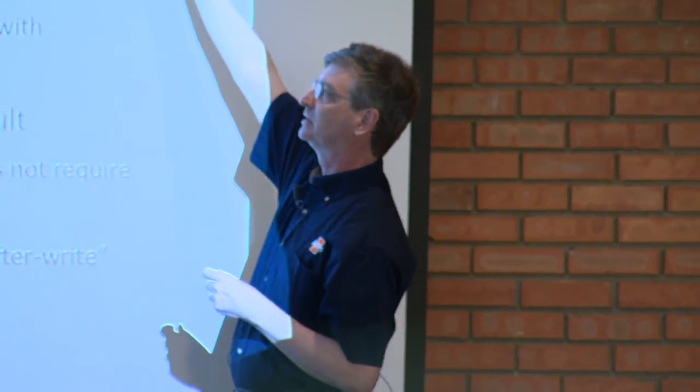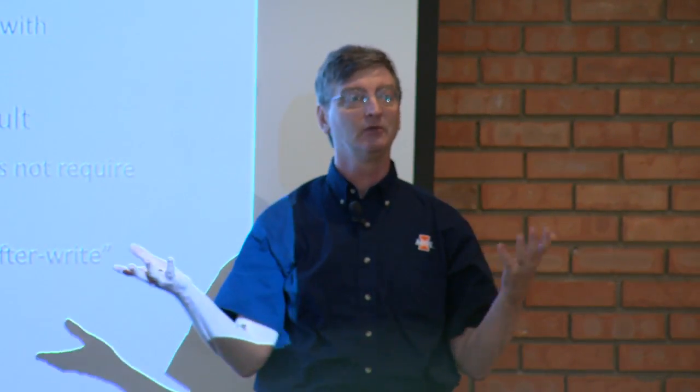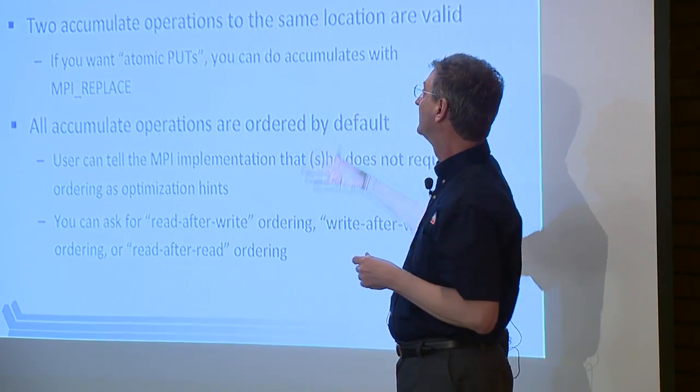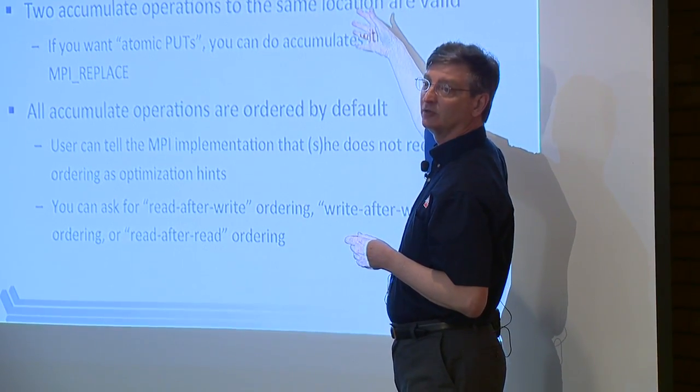And so again, trying to define the interface to give the opportunity for the most performance, the MPI RMA has a sort of loose definition. If you need to be able to update or access the same memory location, that's what the accumulate and get accumulate are for.